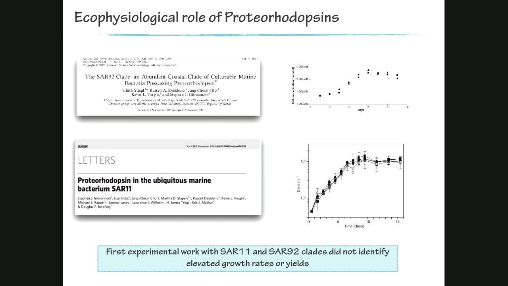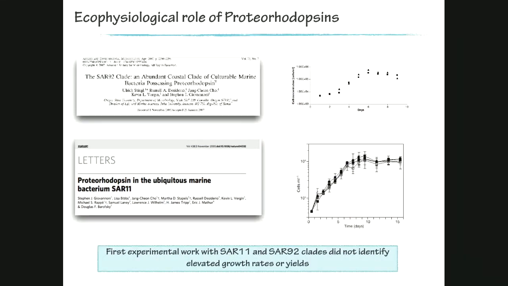The working hypothesis for understanding why it is an advantage to be a photoheterotroph versus a strict heterotroph was initially that this provides an ecological advantage, because you have an additional source of energy.